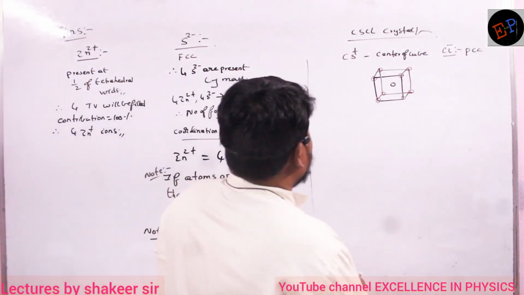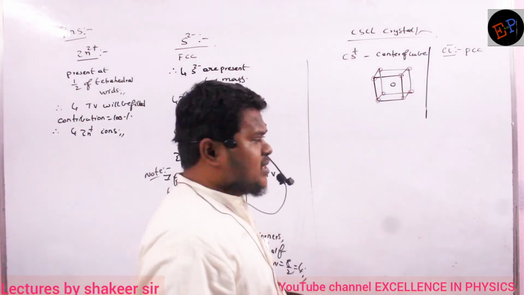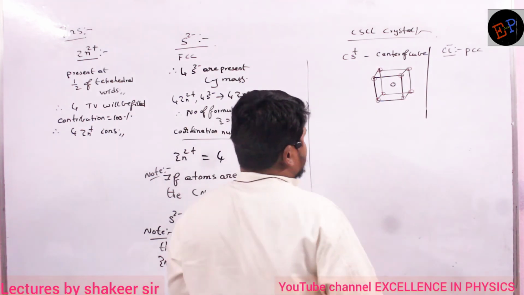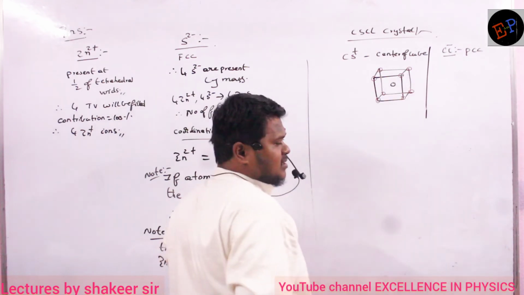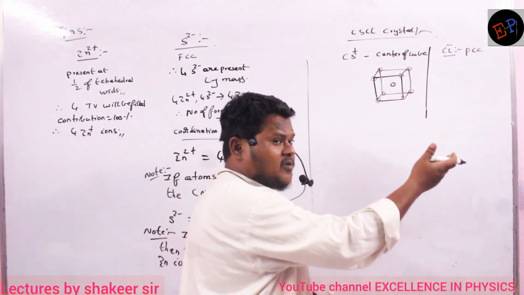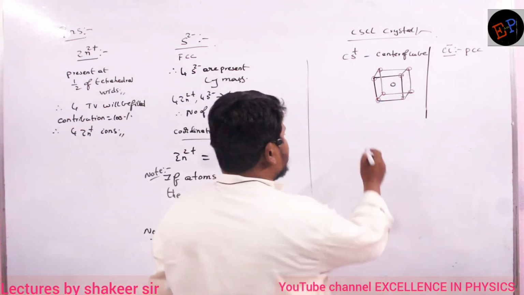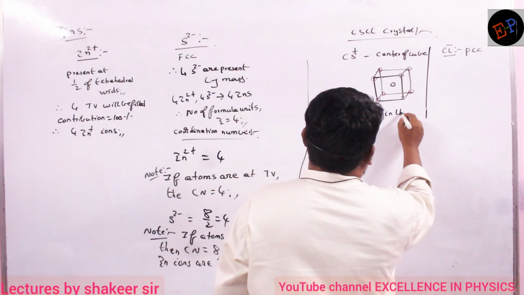Now for Cs plus, how many Cs plus will be there in this unit cell? Only one, because only one atom is present at the center, and its contribution is 100%, because it is exactly at the center. So 1 Cs plus in this unit cell.